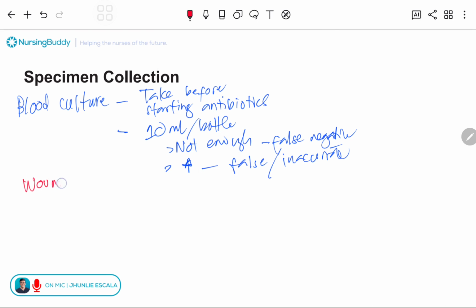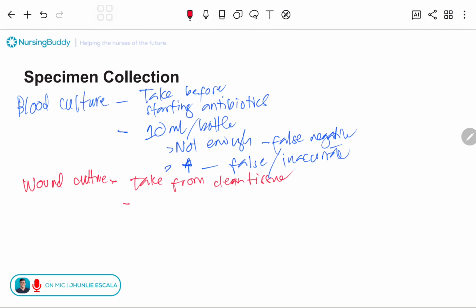Wound culture. Class, kapag sinabi nating wound culture, what we need to do here is to take from clean tissue. Ayan, clean tissue. And also, kapatid, how do we gather this?